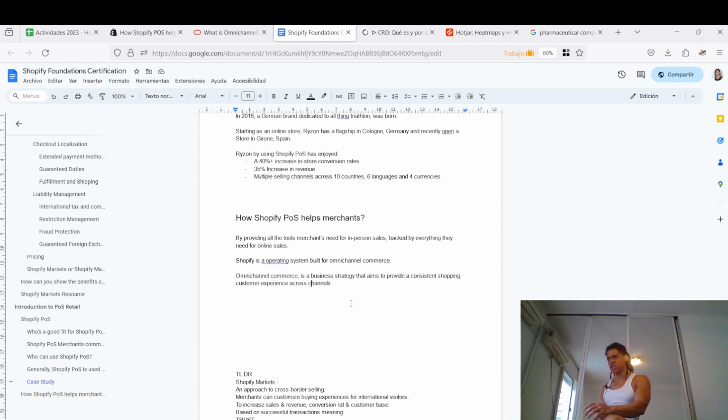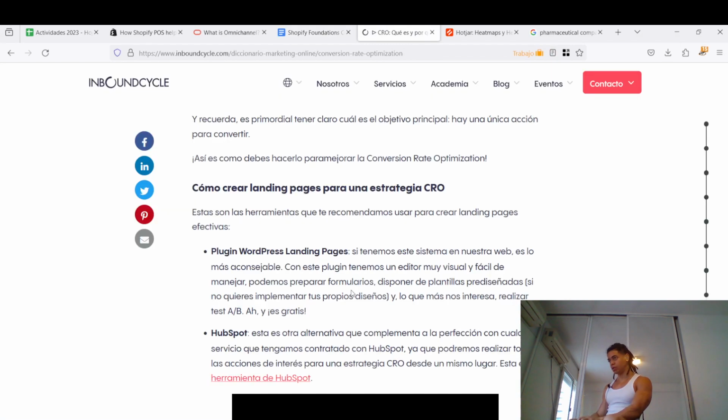So omni-channel is a business strategy that aims to provide a consistent shopping experience across channels: mobile, online, or in person.